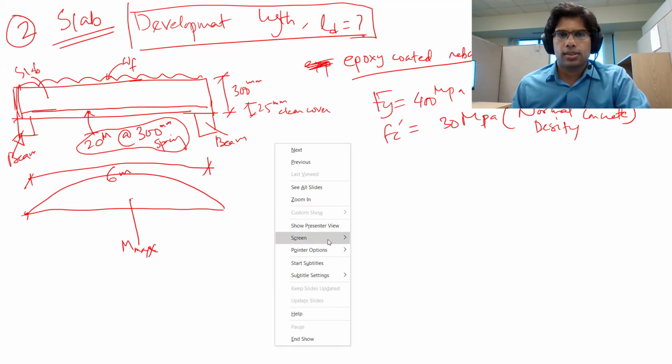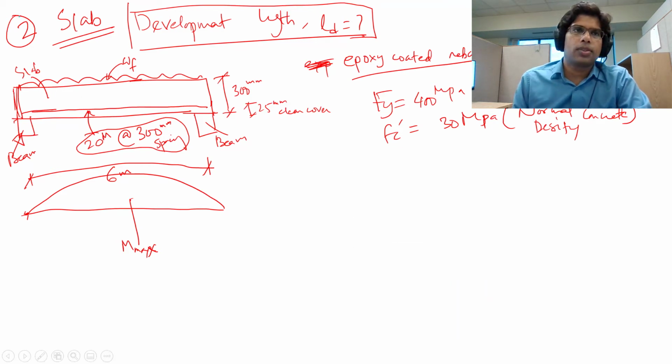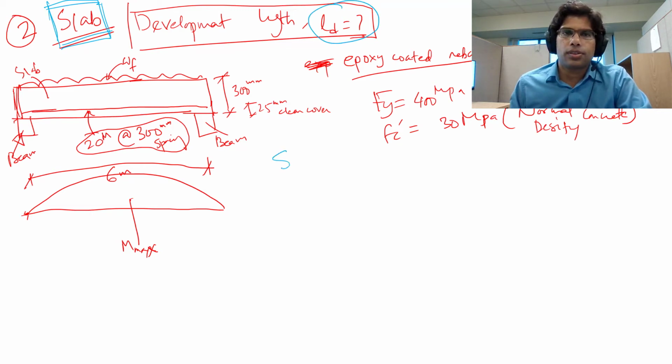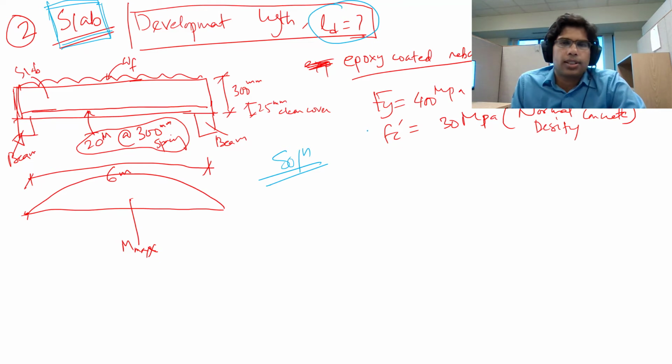I can change the color to blue this time. Blue for slab. So we are solving the problem for slab and development length. So solution. What is given? The given is first of all diameter.